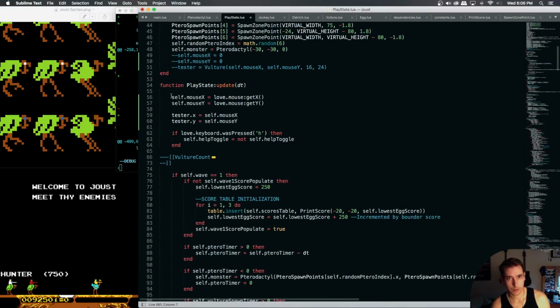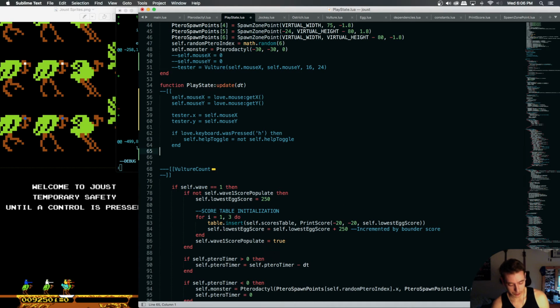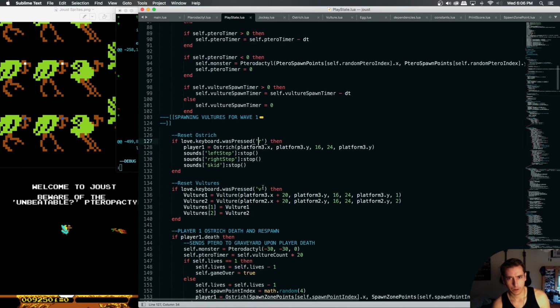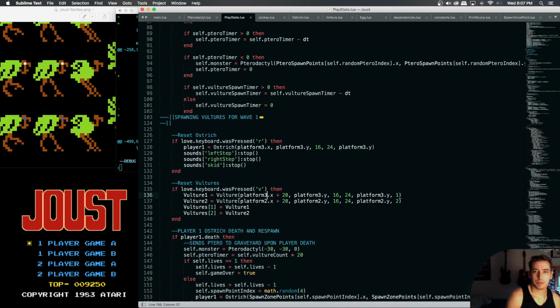Right here. What I want to do is change our vulture reset to be spawning at platform 4 instead of platform 2 or whatever. So when we hit V, instead of a platform 3, we want a platform... We can keep the top one and we'll change the third one to actually be down at the bottom platform.